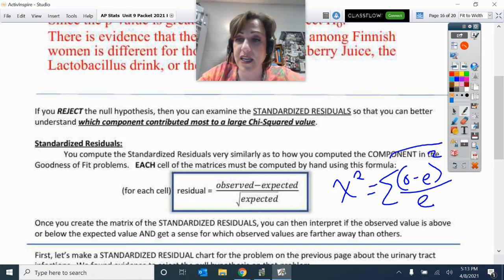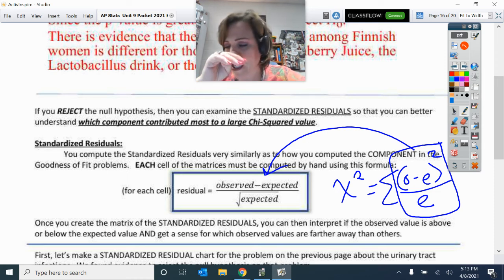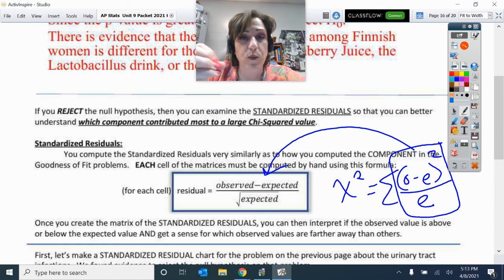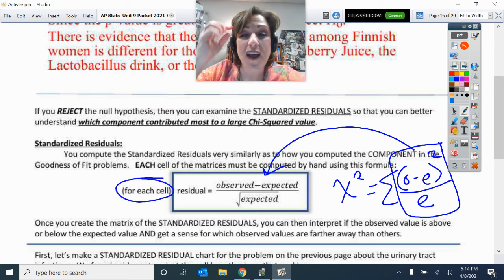Well, if you think of it as square rooting it, that's what we have: observed minus expected over the square root of expected. That's going to give us a standardized understanding of how far away the observed was from what was supposed to happen in each cell.